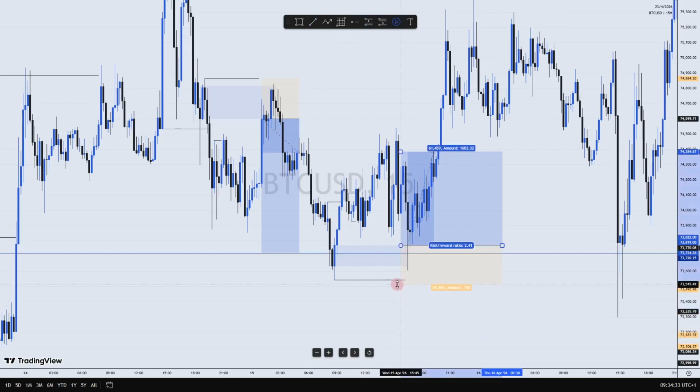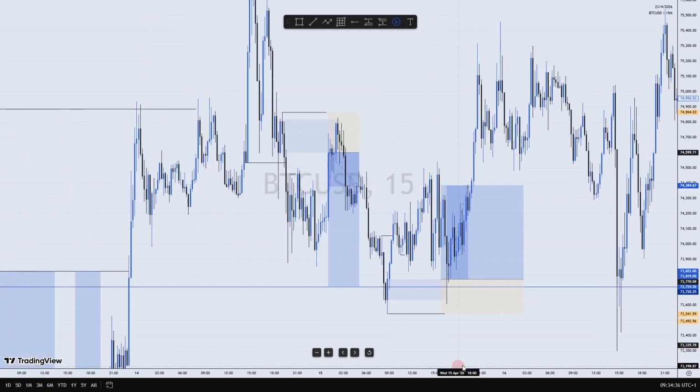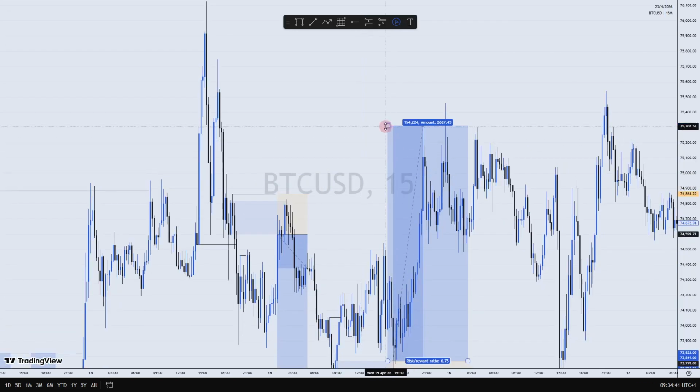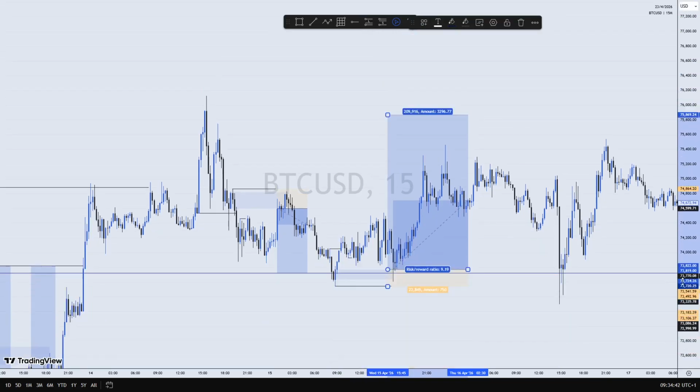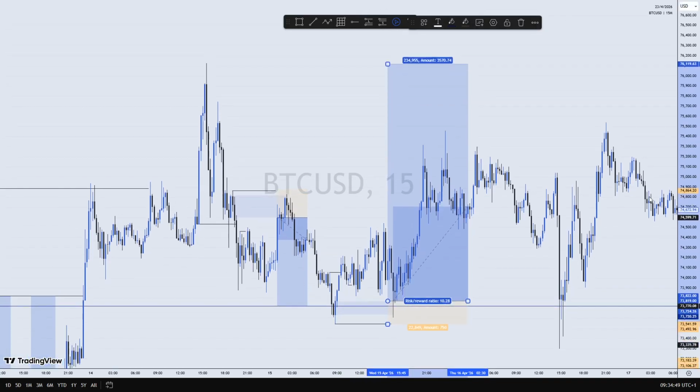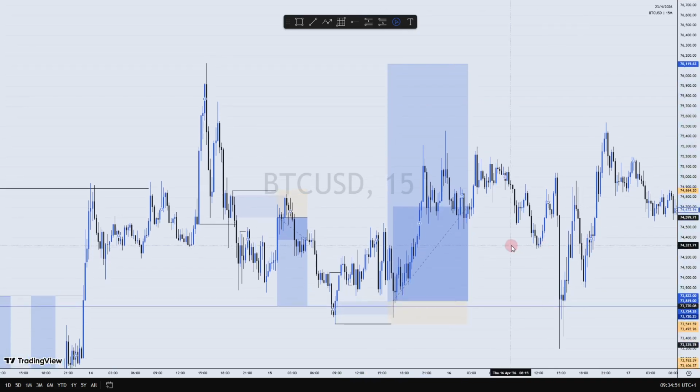For MSS, they mostly use other blocks. For double break of structure, they use breaker blocks most of the time. For other concepts they call it flip zones: the market takes out a high, and that high can be used to continue buys.